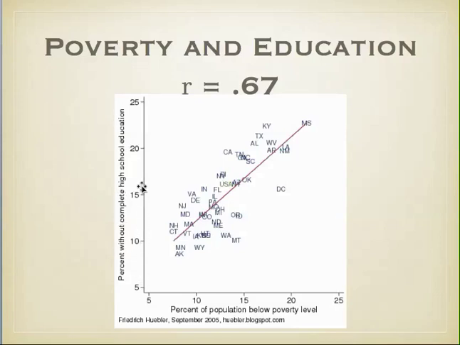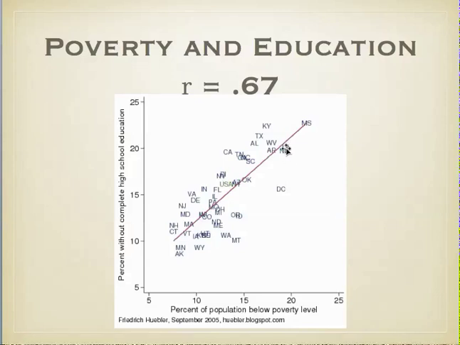So the higher the percentage of people without a high school education, the higher the percentage of individuals in that state living in poverty. So in a state like Mississippi, 22 or 23% of the people live in poverty, 24% do not have a high school education.